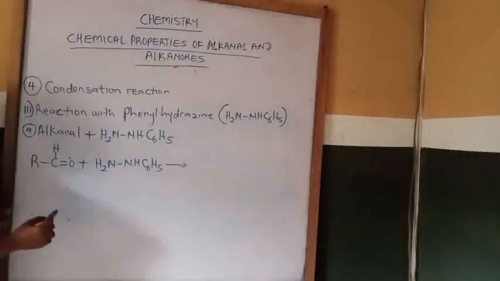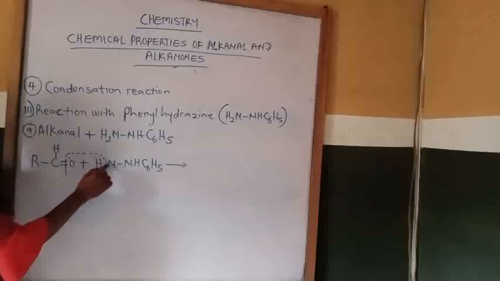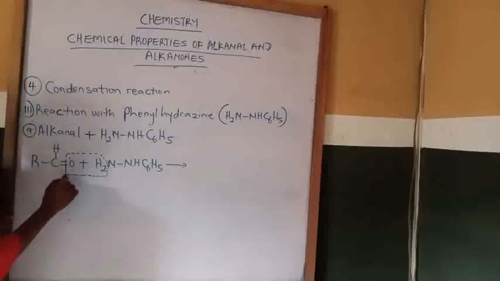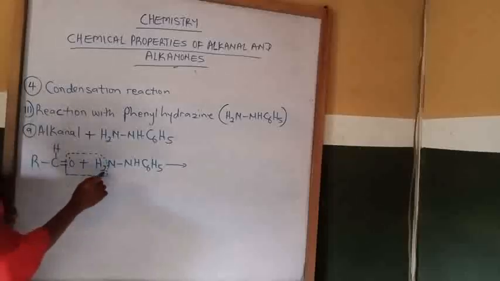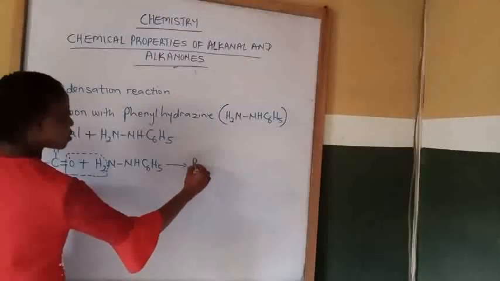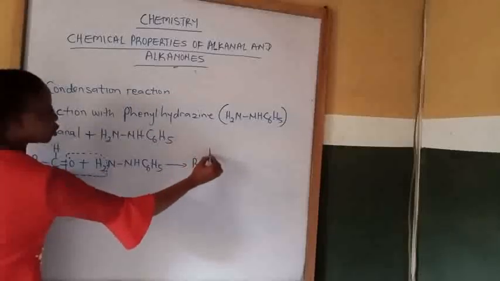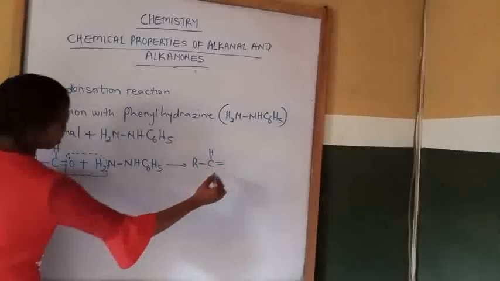Then our product will be what? There will be elimination of a water molecule. Let's eliminate the water molecule. You displace the carbonyl oxygen. Then the carbonyl oxygen will react with hydrogen from the vinyl hydrazine. So therefore, our product will now be RC with hydrogen, then the double bond.